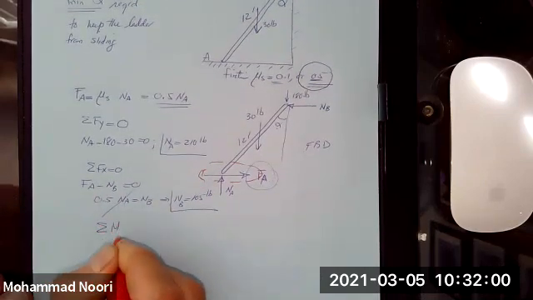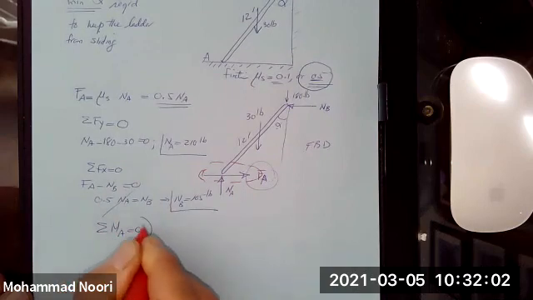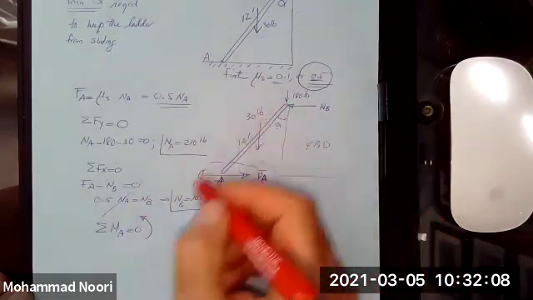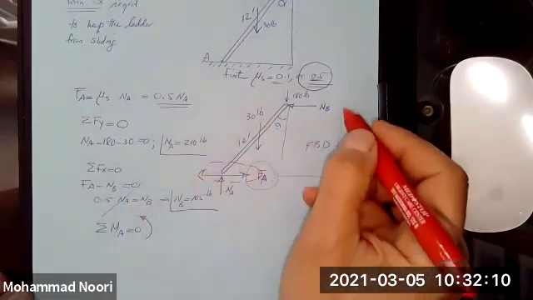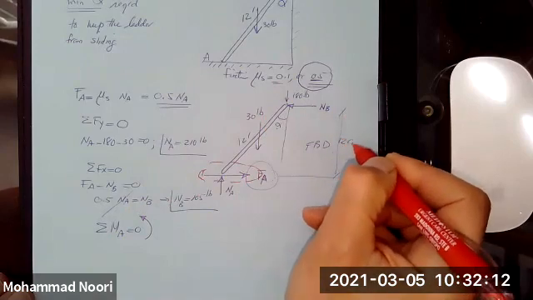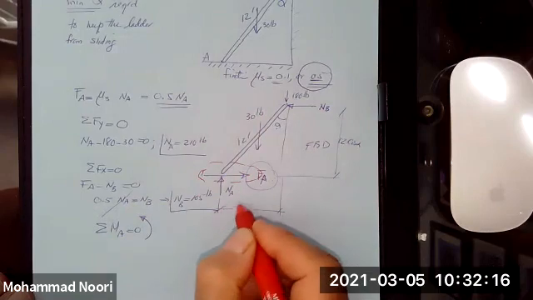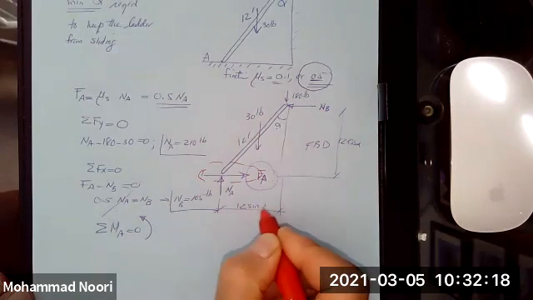Summation of moments about A equal to 0. So what do you have? You have this force. If this is 12 feet, this would be 12 cosine alpha, and this would be 12 sine alpha.